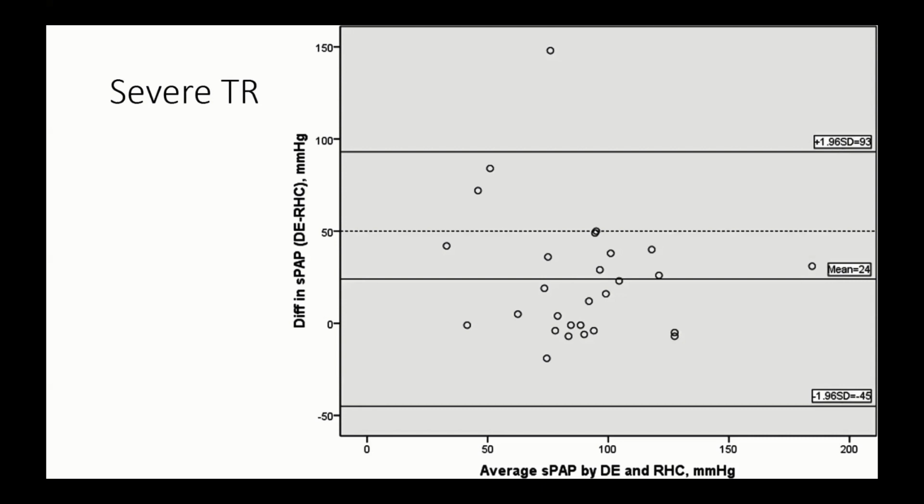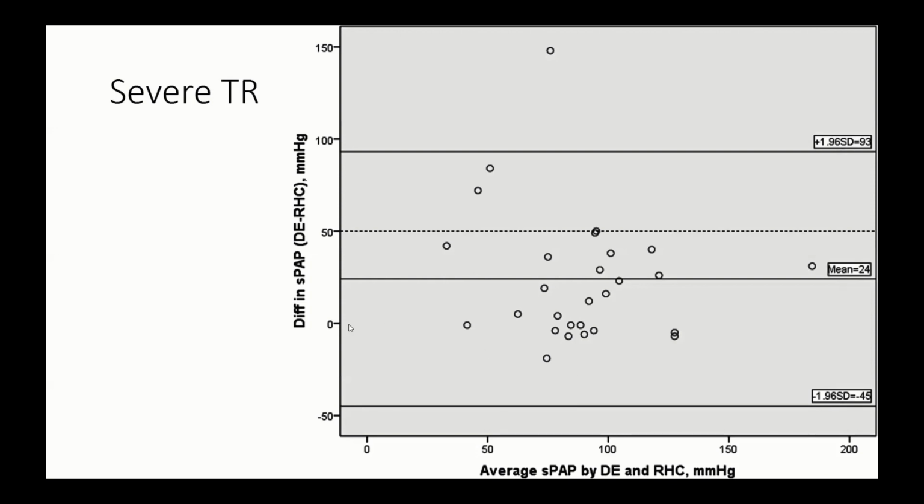So there was a case series of 177 patients with mild, moderate, and severe TR, and they looked at the performance of direct echocardiography versus right heart catheter. And this is a Bland and Altman plot where you compare the difference between the two measurements against the average of the two measurements.